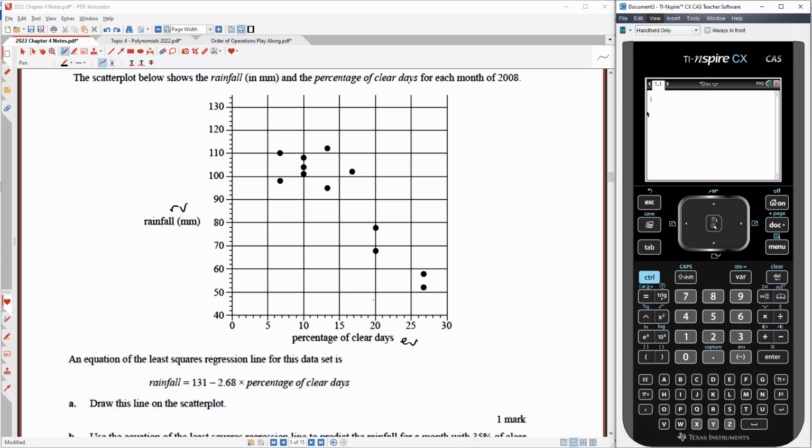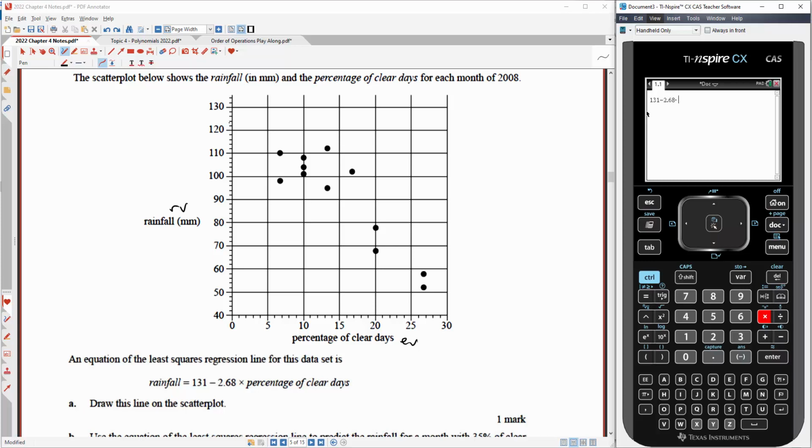I can see very quickly that it's going to be 131 take away 2.68 multiplied by, and what we're going to do is put in 2 particular percentage of clear days points. The first one we should use, if possible, is the furthest point possible, which is 0. For those of you who know how to read these equations, you'll see that that's the y-intercept straight away. So it's going to be 131.